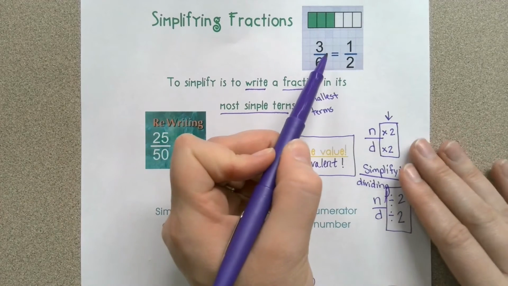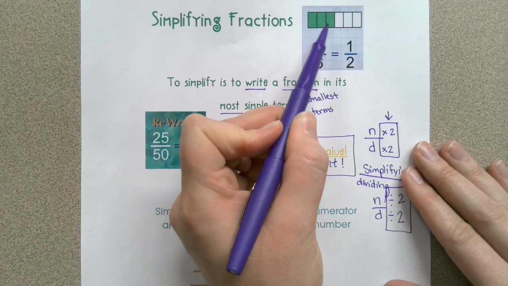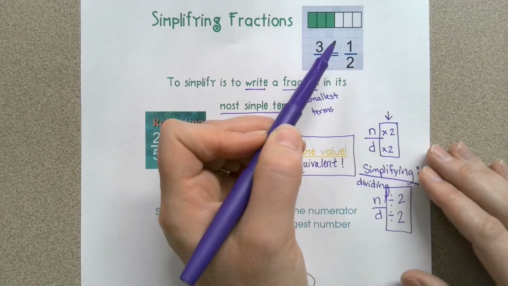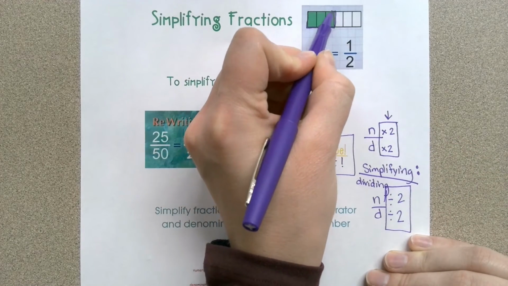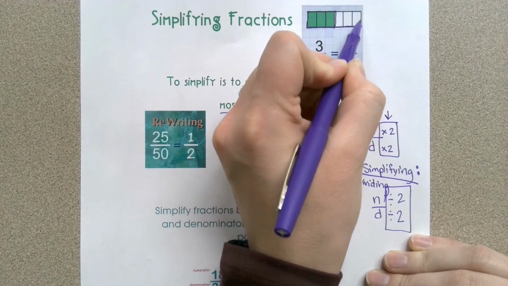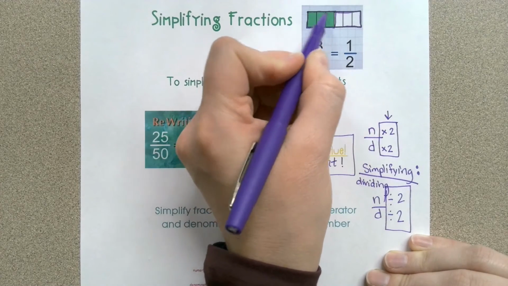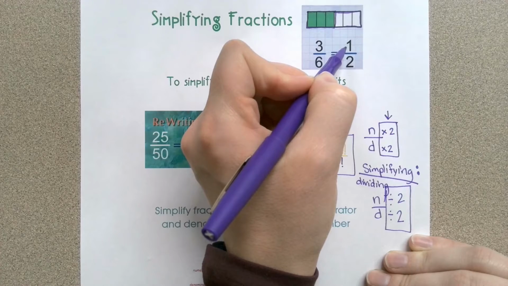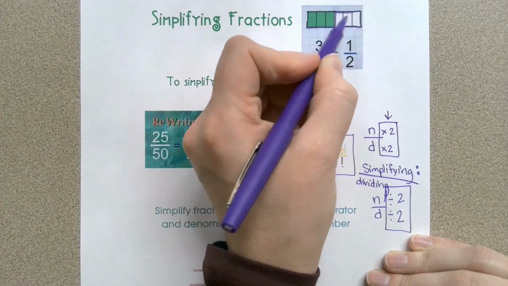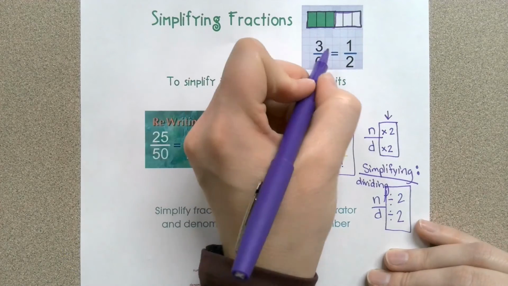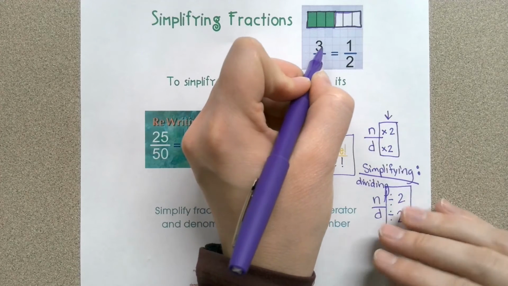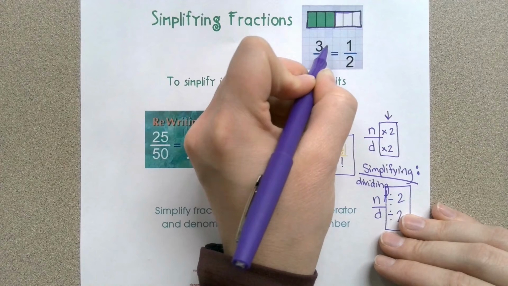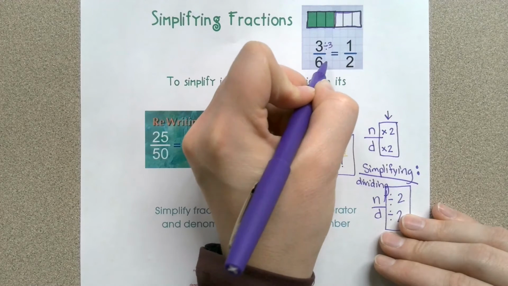If we look at the two examples we have here, we have 3 out of the 6 written. We also know that we could split it into, rather than 6 total pieces, we could split it into 2. One of the pieces is shaded green out of the 2 total pieces. Well, if we think of this in terms of division, we can divide both 3 and 6 by 3.